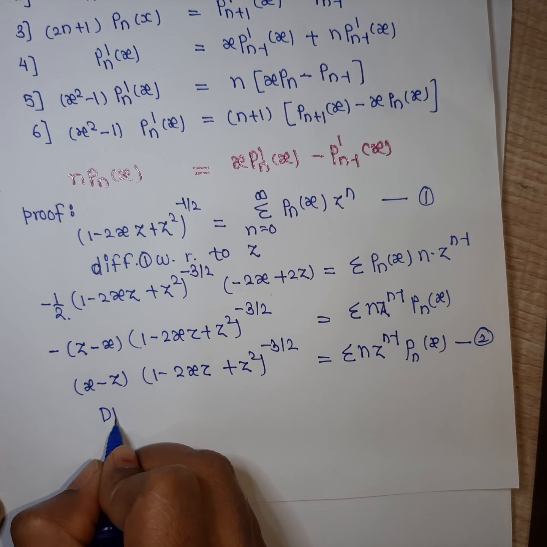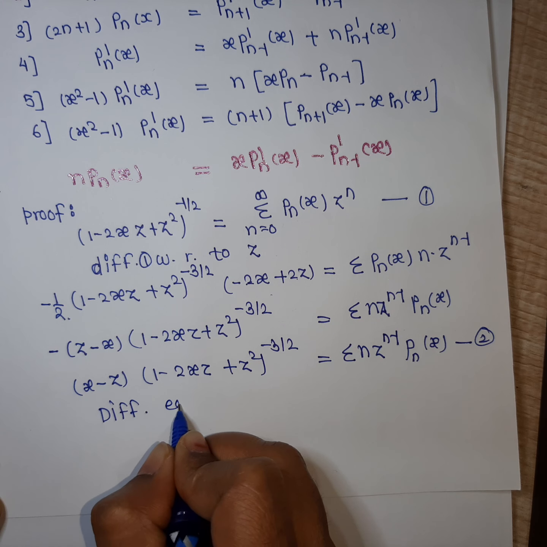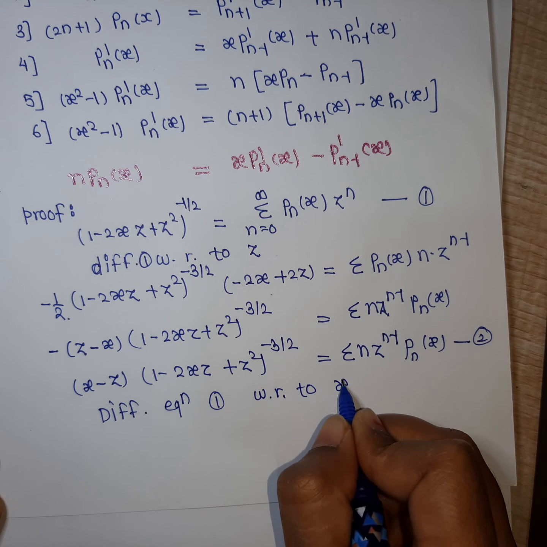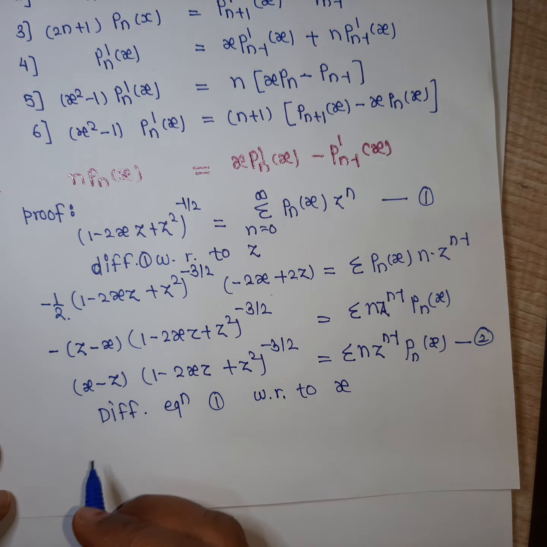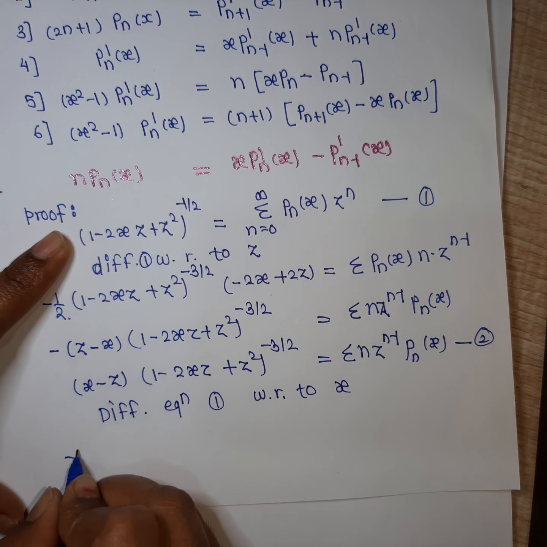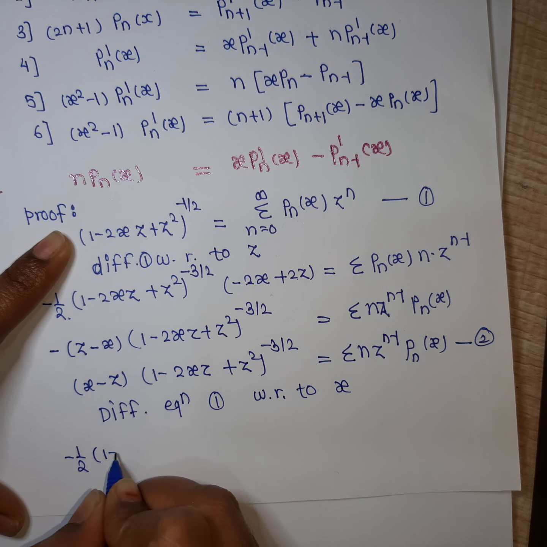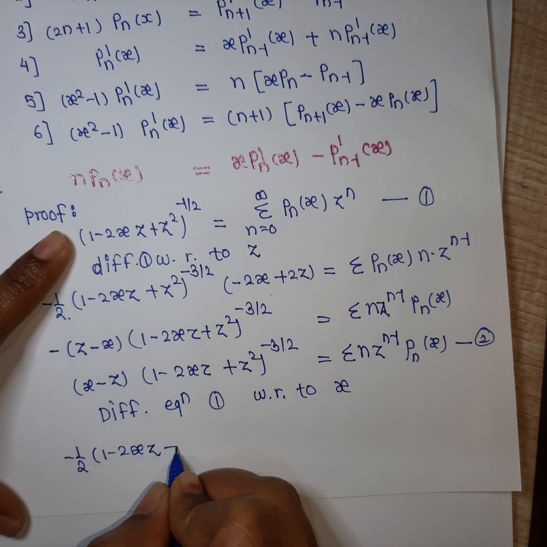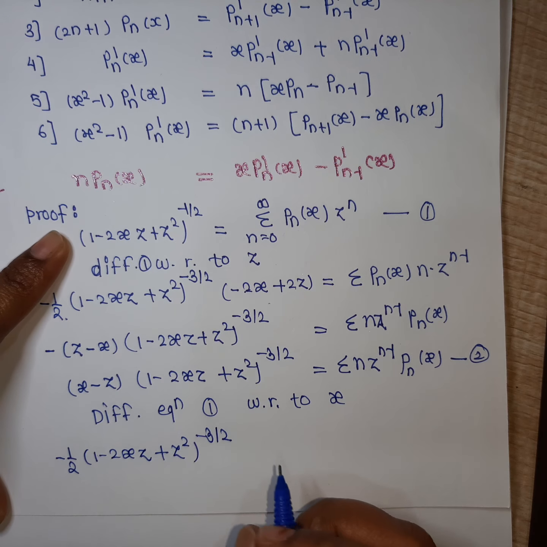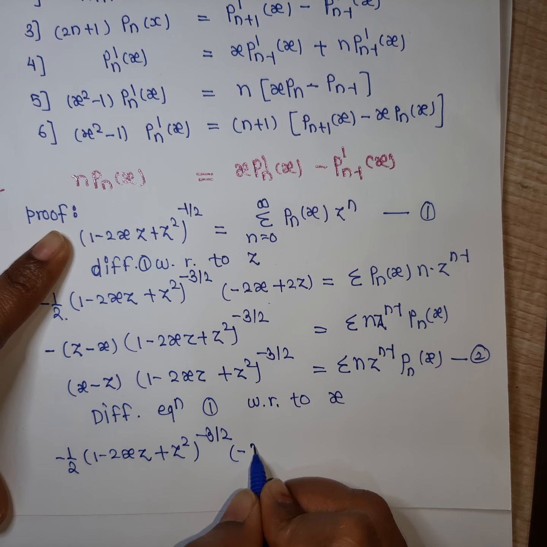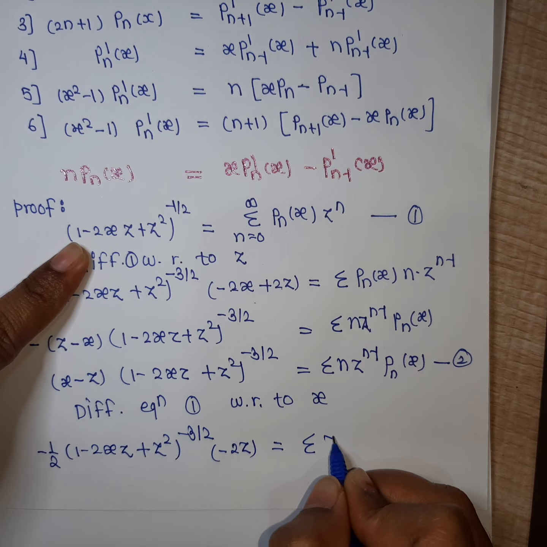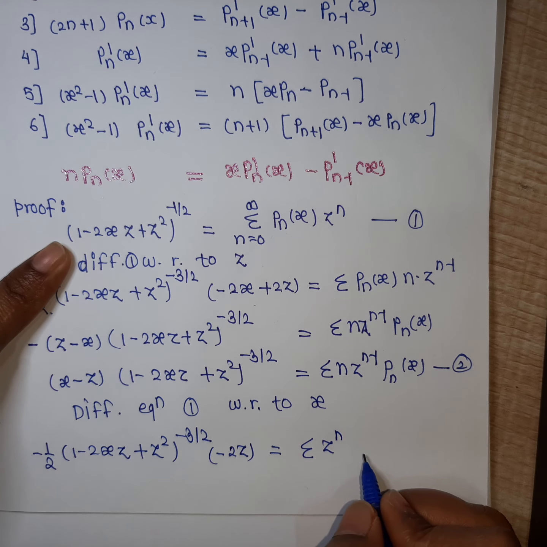After that, suppose this equation is 2. Again, differentiating equation first, this time with respect to x. This is minus 1 by 2 (1 minus 2xz plus z square) whole power minus 3 by 2 with respect to x, so that minus 2z is equal to summation, z power n is constant.